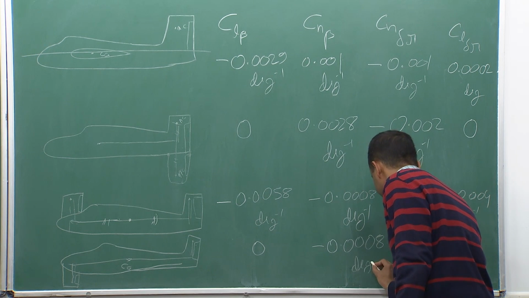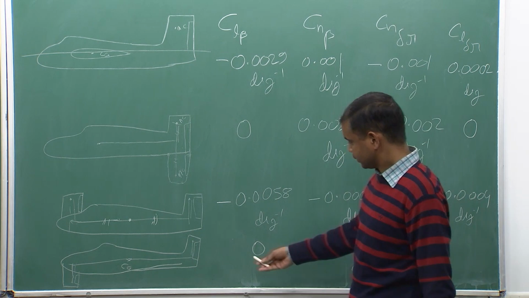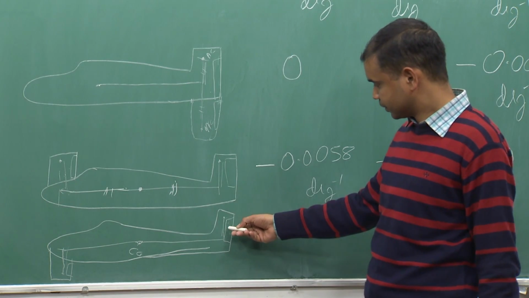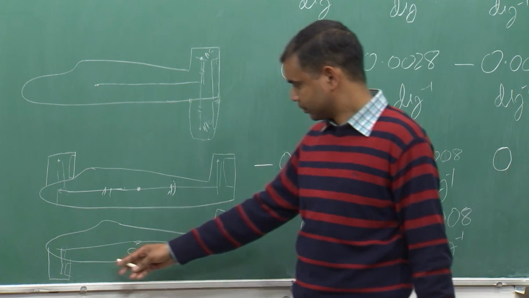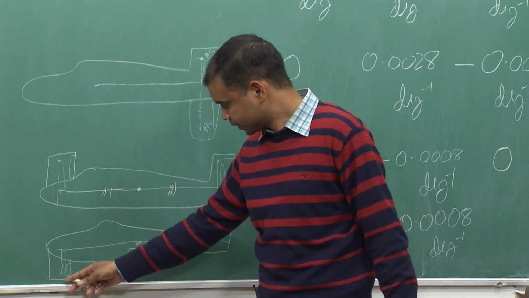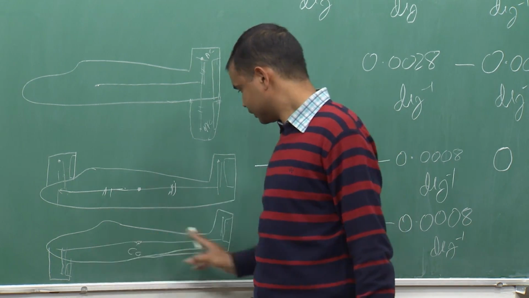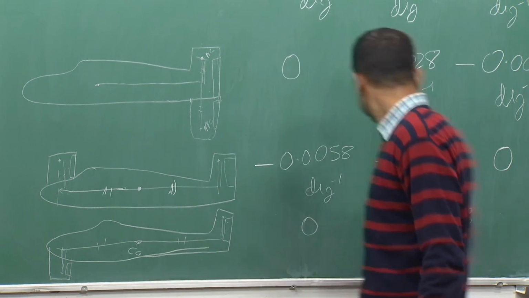And the Cn delta r for the positive deflection of the rudder, this rudder has a tendency of the negative yaw, and for the positive deflection of this rudder it will have a tendency of the positive yaw, and the net will become 0, because this moment arm is same.